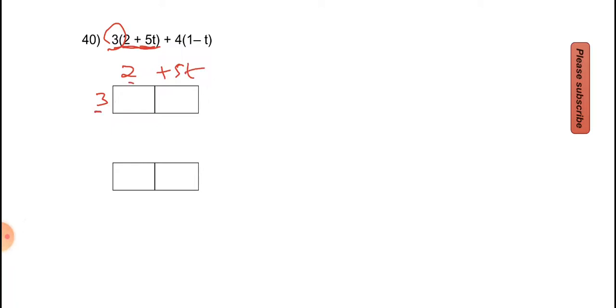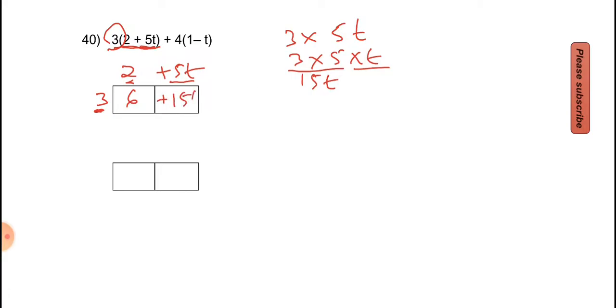So 3 times 2 is 6, and then if we do 3 times plus 5t, which is the same as saying 3 times 5 times t, which is the same as saying 15, because 3 times 5 is 15, and then times t. So we've got plus 15t.